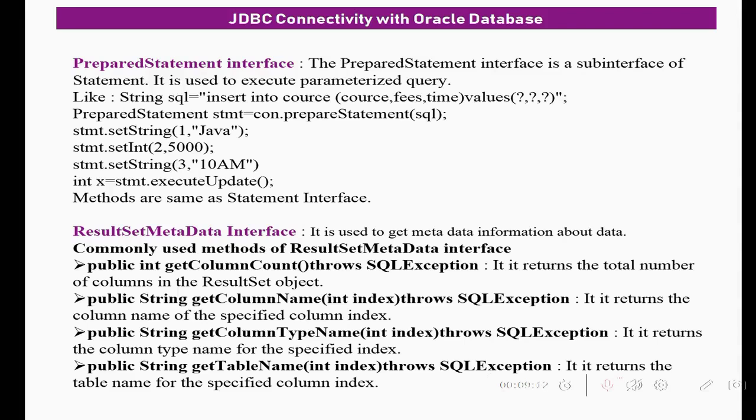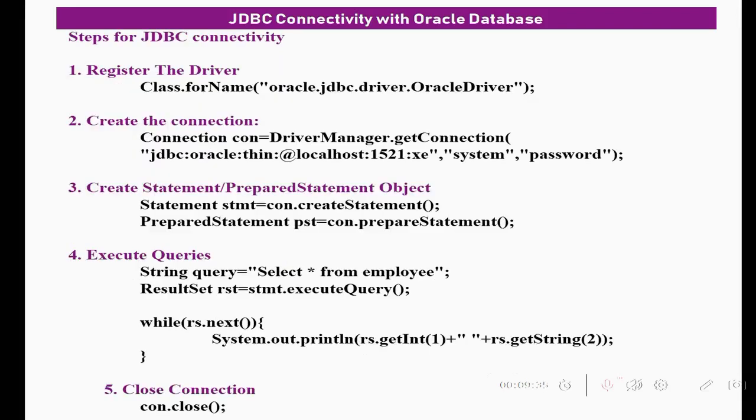It returns the column name of the specified column index. Now the next is public String getColumnTypeName(). It returns the column type name for the specified index. Now public String getTableName(). It returns the table name of the specified column index.